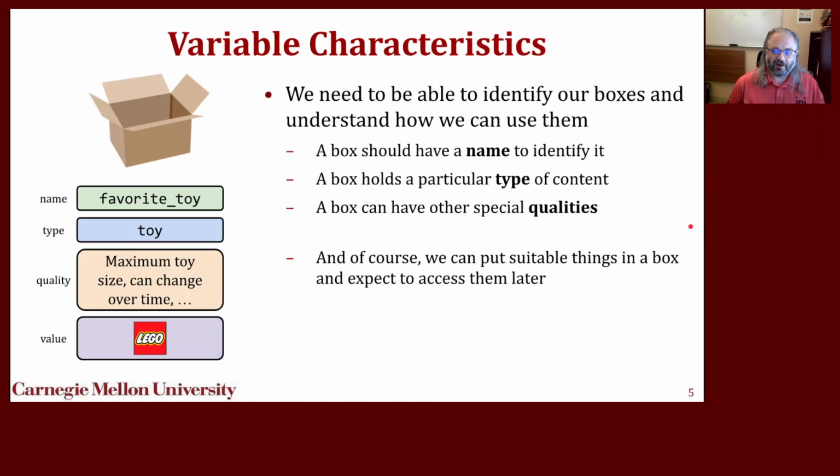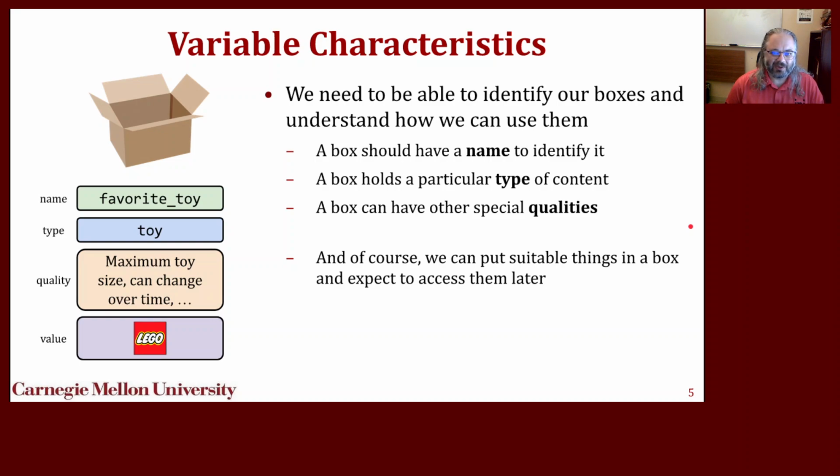When we think about our analogy of a variable being a box, ideally we want the box to be identifiable because we're going to have a lot of boxes. If we're running a warehouse, if we're running storage, if we just have a closet full of stuff, we don't want to have to go through all of the boxes to find the content that we want.